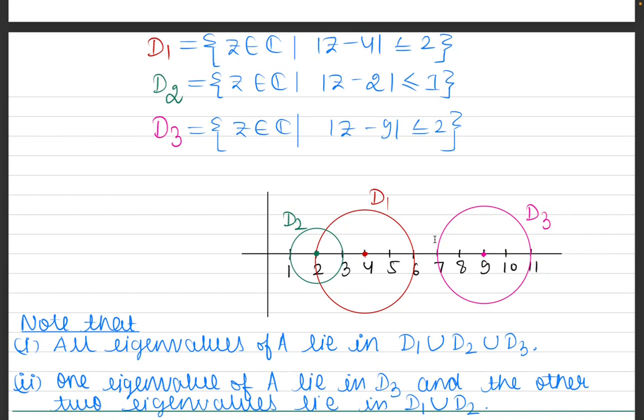Okay, let us color code this. So this is your D3, this is your D2, and this is your D1, right? D1, D2, D3.